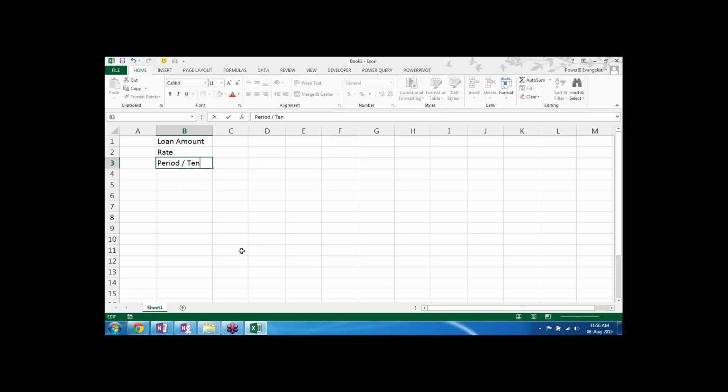Whenever we talk about any loan, these are the terms that come to mind. Then we have balance, and then we have EMI.